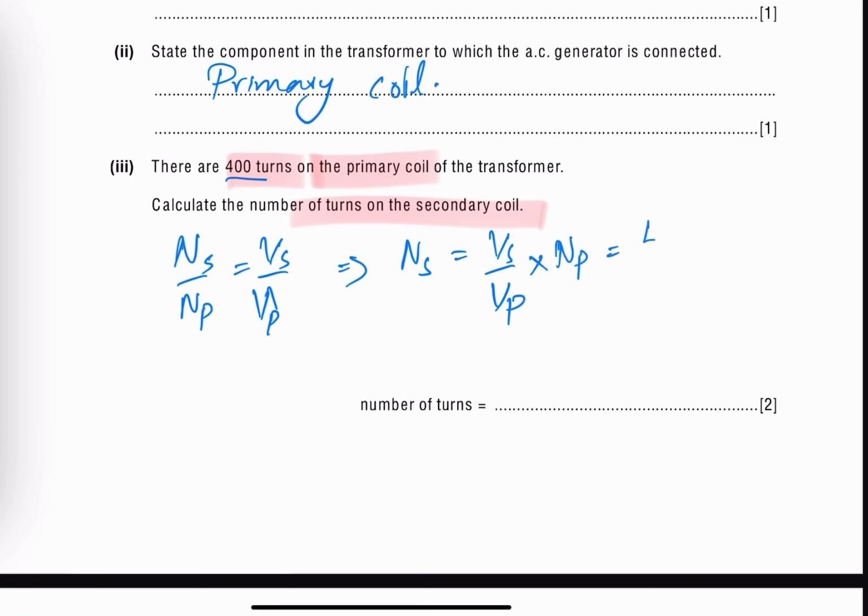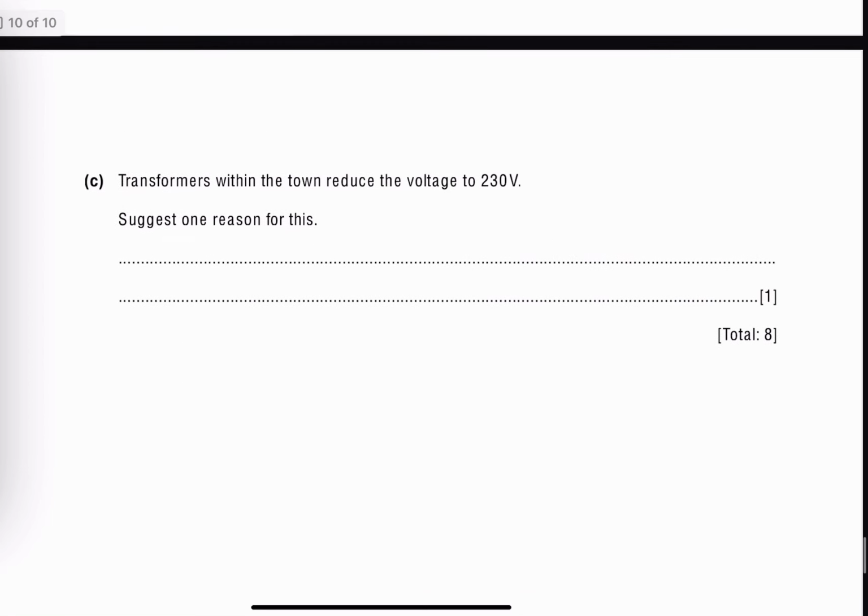Putting in the values, 400 into 115,000 divided by 5000, we get 9200 turns.